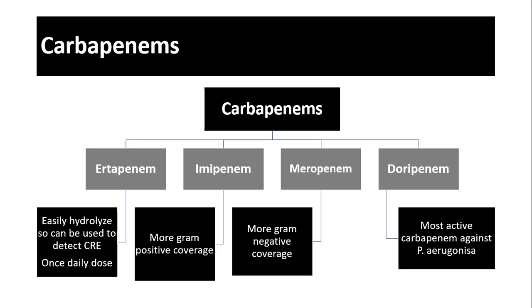If we compare imipenem and meropenem, their coverage is more or less the same, but imipenem has more gram-positive coverage, while meropenem has more gram-negative coverage. And doripenem has very good activity against Pseudomonas aeruginosa.